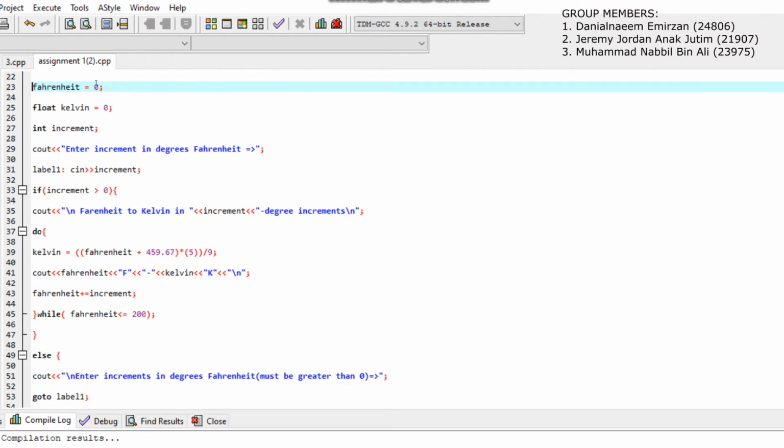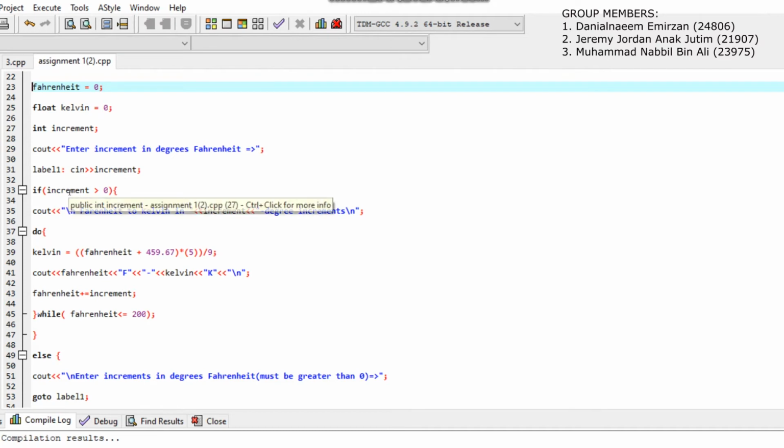So for this part, we need to put constant, which is Fahrenheit equal to 0, and declare the variable which is float, Kelvin equal to 0 and initial increment. So we need to put input, which is enter increment in degree Fahrenheit.